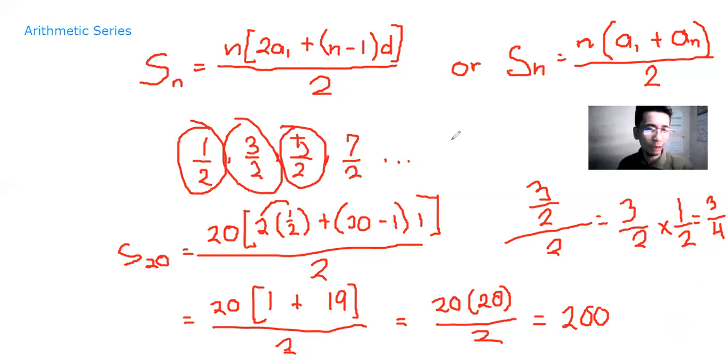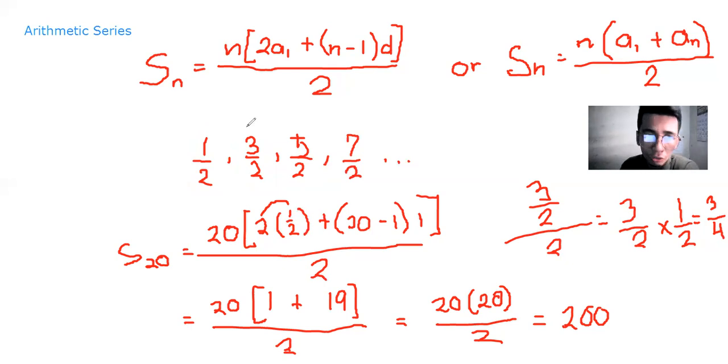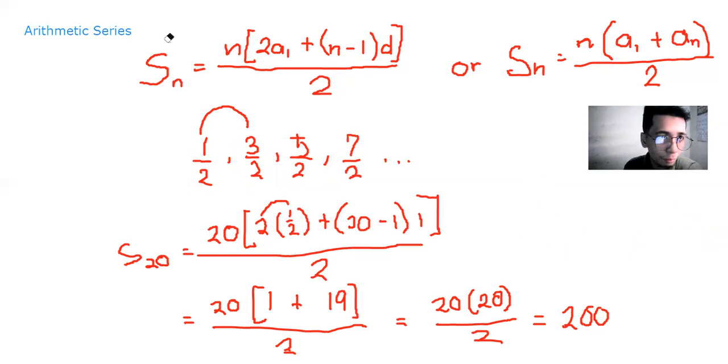Since this is a fraction, we just subtract the first term from the second term to get the common difference. For example, what is our second term here? 3 halves. So from the second term, we subtract the first term, 1 half. Then 3 halves minus 1 half, 3 minus 1 is 2. Then copy the denominator 2. Okay?